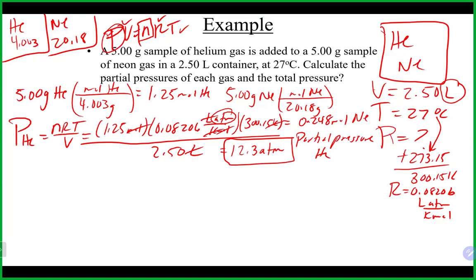All right, we're going to pretty much just tee it up here one more time and do the exact same calculation. Really, the only difference is going to be the moles here. We just want to use our moles of neon. So we'll go with our partial pressure of neon will equal nRT over V, making sure we use, again, neon's moles. And again, everything else is pretty much identical since it's in the same container.